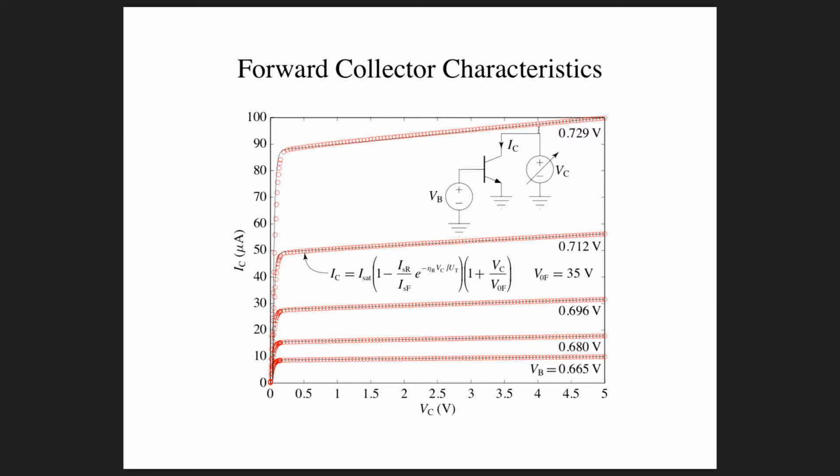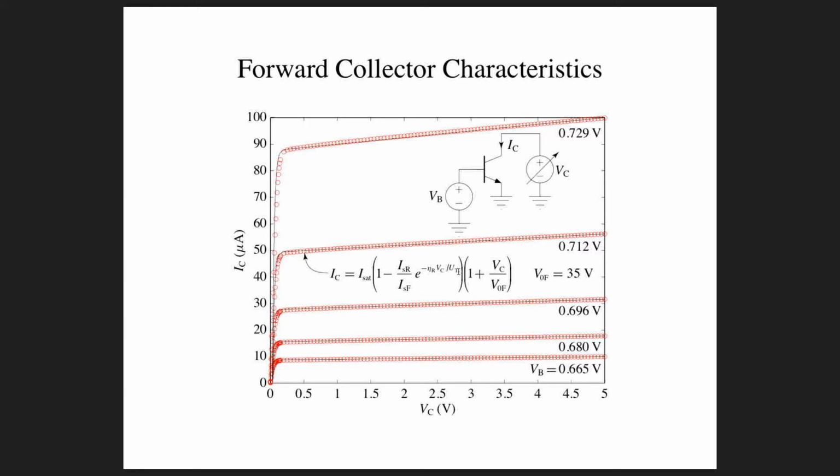And we'll see how we model this in a little bit. You can see this equation here, which is the solid line fit. So this is a single equation with basically three parameters. We have the saturation current, we have the slope of the exponential, and we have the so-called early voltage, and we'll get to exactly what that is.